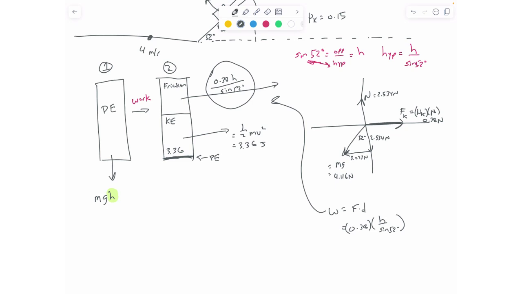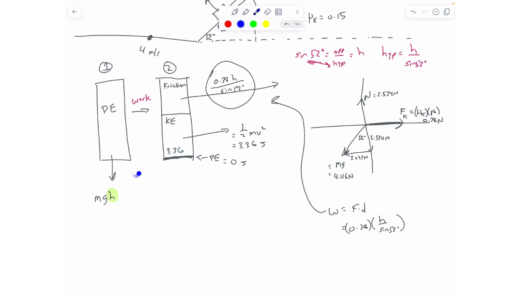So I have this. The potential energy is mgh. The energy that went to friction is this. And then our kinetic energy is this. And the potential energy at the bottom is 0 joules. Okay? Now I can just write an equation. This should be the same as this, right? This should equal this.